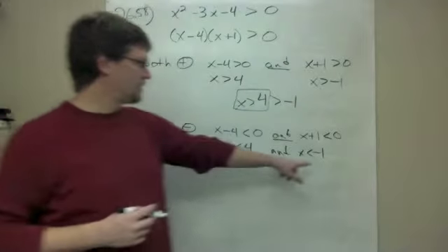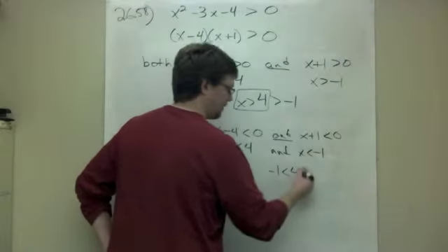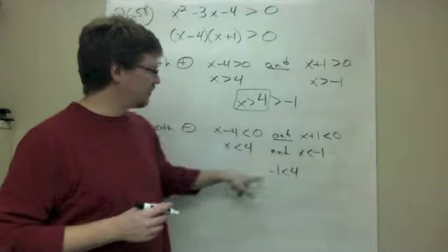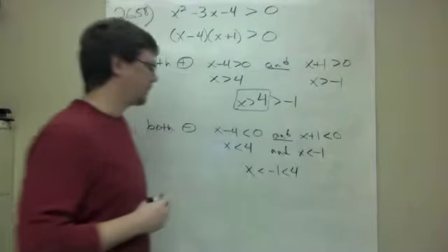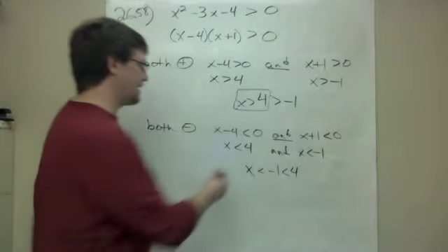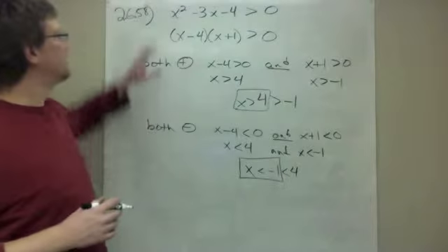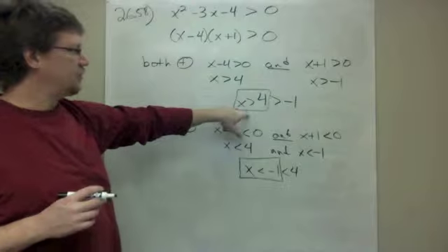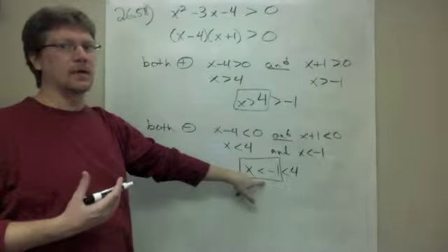Since negative 1 is less than 4, the only way to satisfy both of these conditions is for x to be less than negative 1. So we end up with the conditions for the positive side that x can be greater than 4 or x can be less than negative 1.